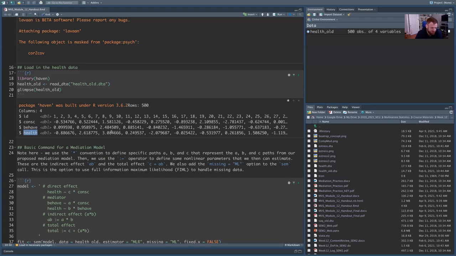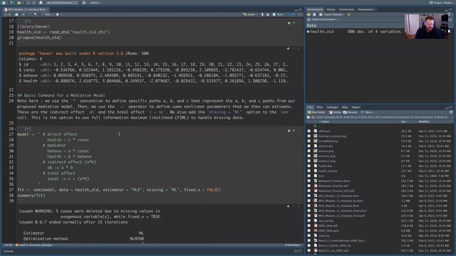So let's suppose that we are health policy folks or researchers, and we have this idea about a mediation model. Basically, we believe that behaviors are essentially a mediator between conscientiousness, a personality trait, and self-reported health.